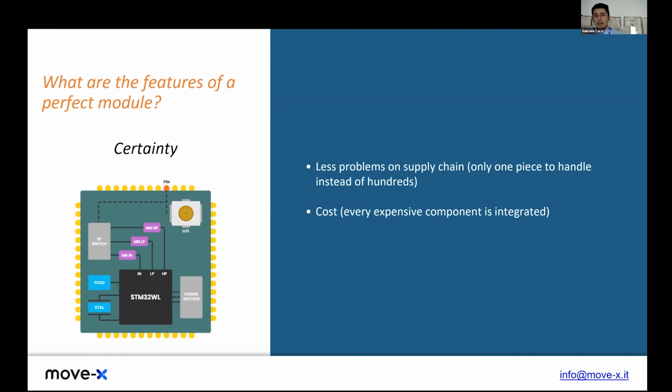So you will have a lot fewer problems on the supply chain, because you have to handle only one component instead of the 30 or 40 that you would have if you go for a proprietary RF interface. And also the cost. We go for every expensive component, so when you buy our module, you have all the expensive components inside it.